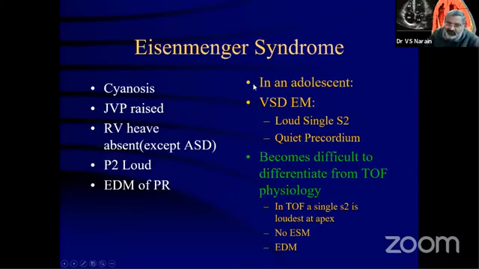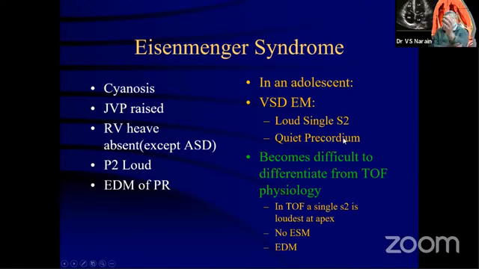And sometimes when you have an adolescent given in the examination and you have Eisenmenger VSD, we have said that the S2 can be single and the precordium can be silent because it is not ASD. So when you have a loud single S2 and you have a silent precordium, how do you differentiate it from tetralogy physiology?